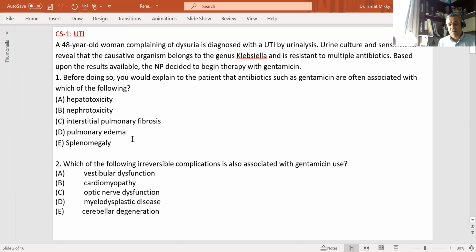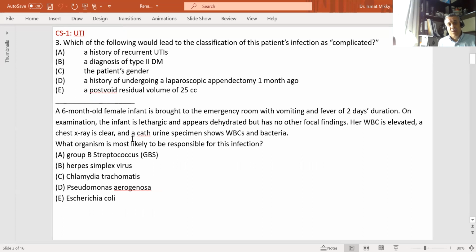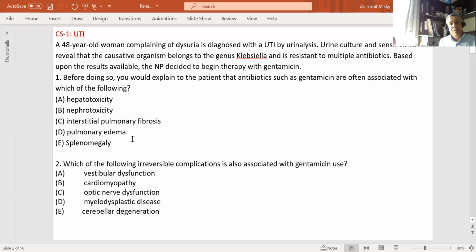The next question was, which of the following would lead to the classification of this patient's infection as complicated? Sorry, let's go back to question number 2 first, and we'll jump into question number 3.